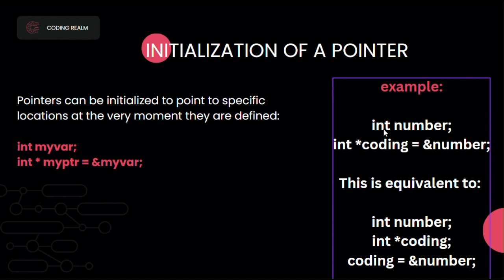Then int *coding = &number is the same as int number; int *coding; coding = &number. We can put this line here, and we can put it here like this. The first example is the same in coding, but this is more readable.